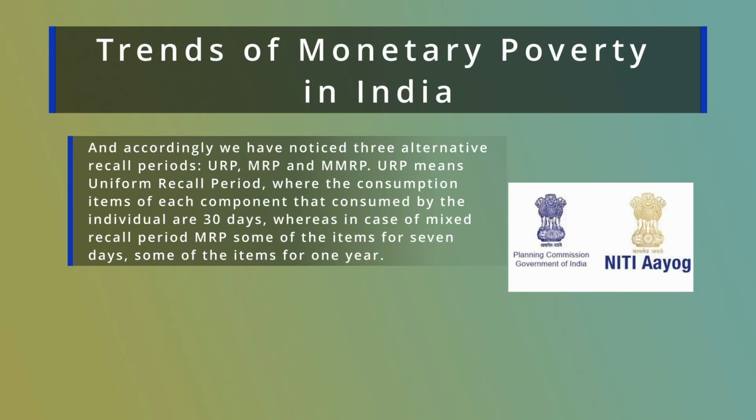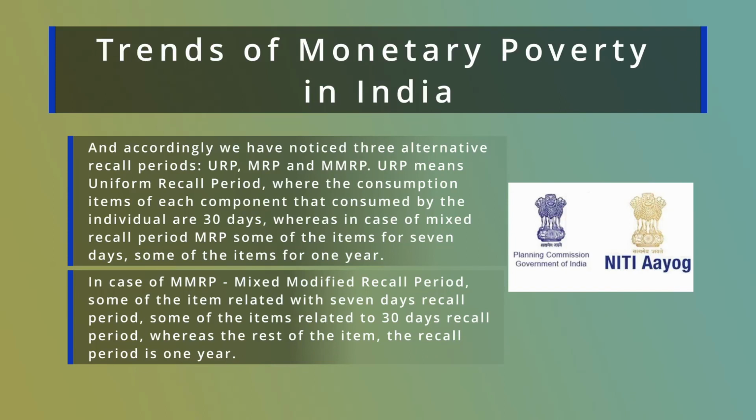Whereas in the case of the Mixed Recall Period, MRP, some of the items are for 7 days, some of the items for 1 year. In the case of MMRP, the Mixed Modified Recall Period, some of the items have a 7 days recall period, some have a 30 days recall period, whereas for the rest of the items the recall period is 1 year. That is, the recall period varies from one consumption survey to another. Therefore, they are not comparable to each other.